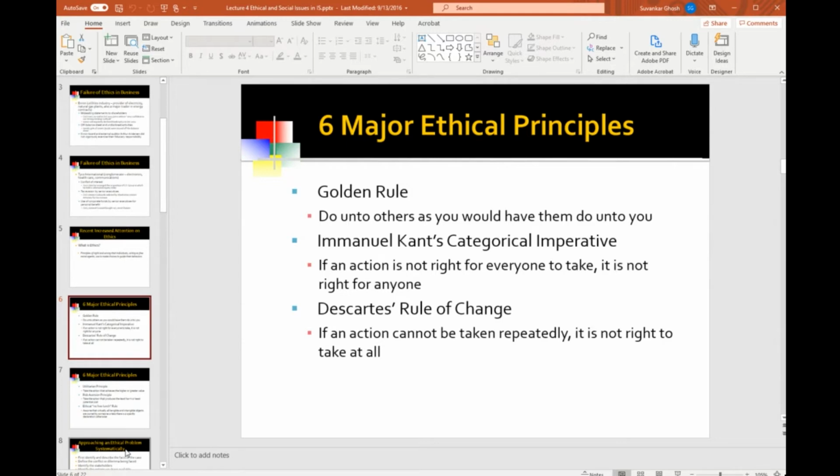As this emboldens you to text for longer, ultimately your luck will run out. Your luck is going to run out. So that's what the Descartes rule of change is trying to say. Ultimately your luck is going to run out if you keep doing this.